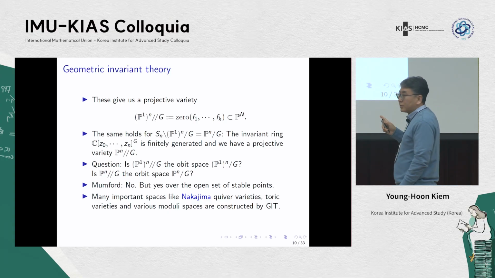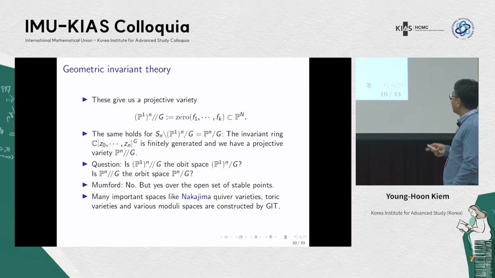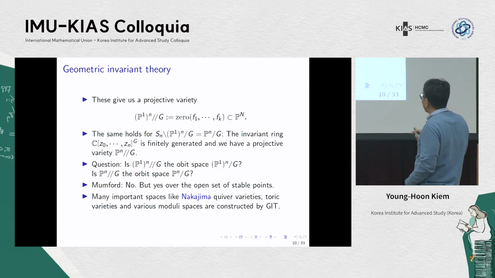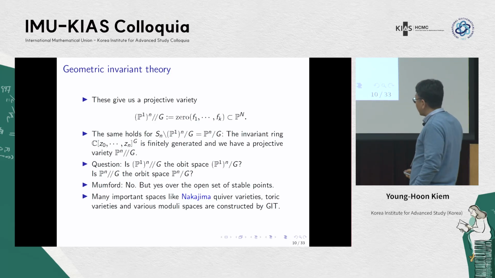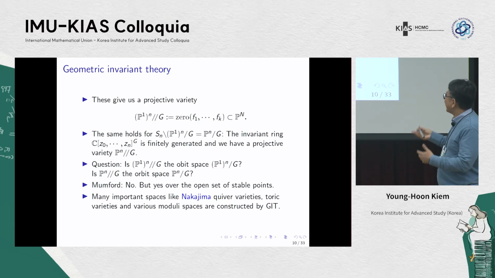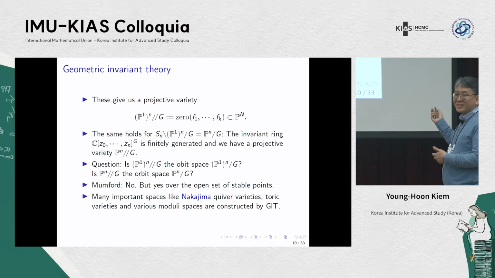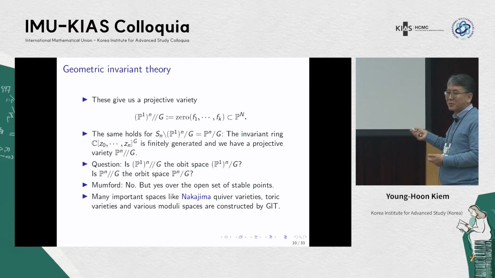Mumford says the answer is no, but the answer is yes over an open subset consisting of what he calls stable points. And many important spaces in geometry are constructed by using GIT, including Nakajima quiver varieties and so on.